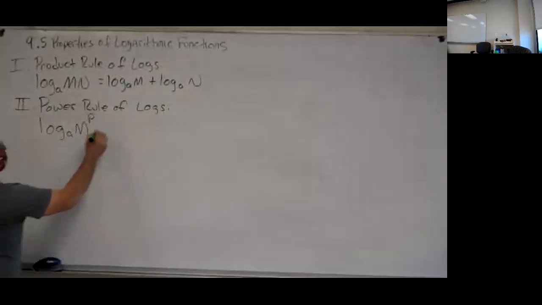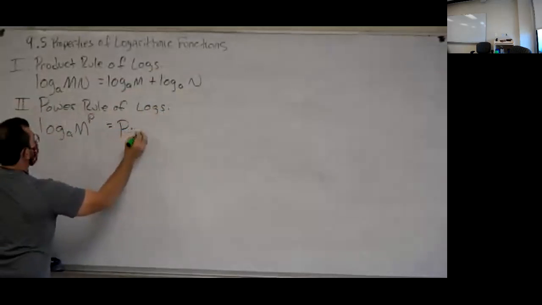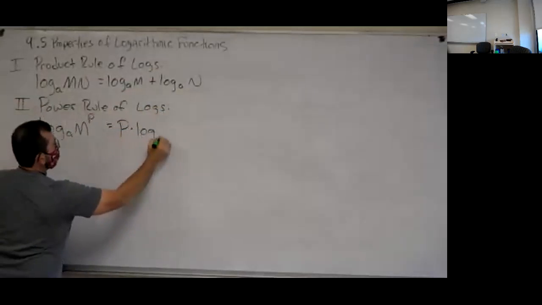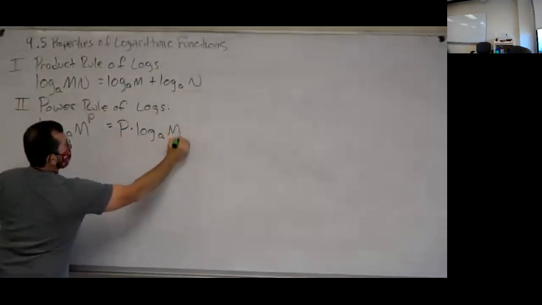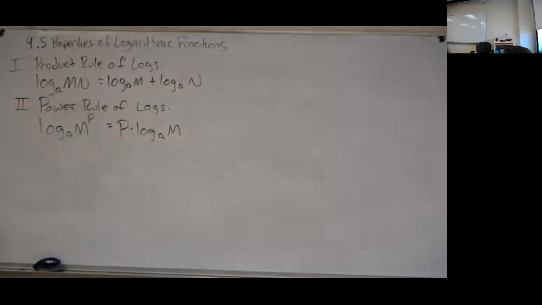So the trick on this is to bring that p down to the front and multiply by the log base A of m. So in the long run, you're still multiplying in exponents on that power rule, okay? So just remember, all I do is just bring that p down to the front and we're done, okay? And then I'll do examples working through all these for you, to show you what they're going to do.